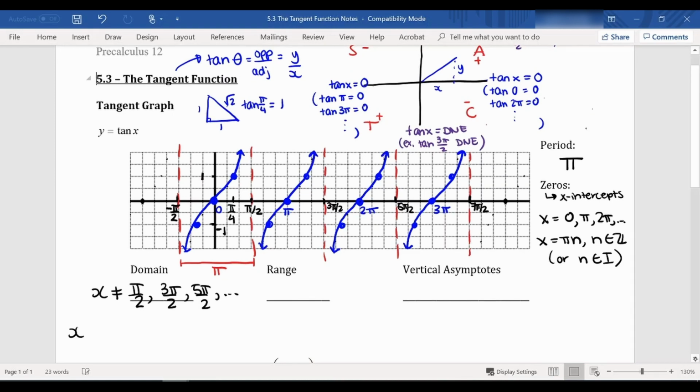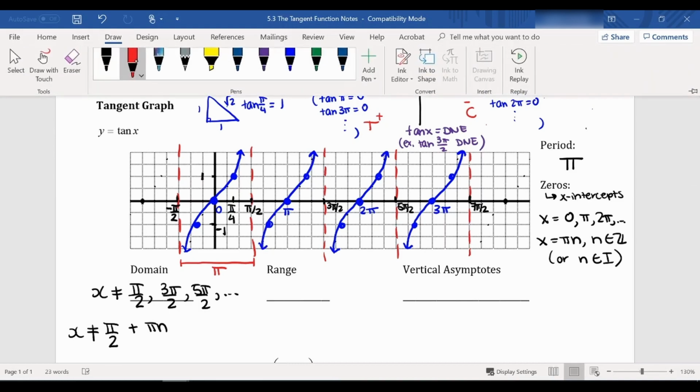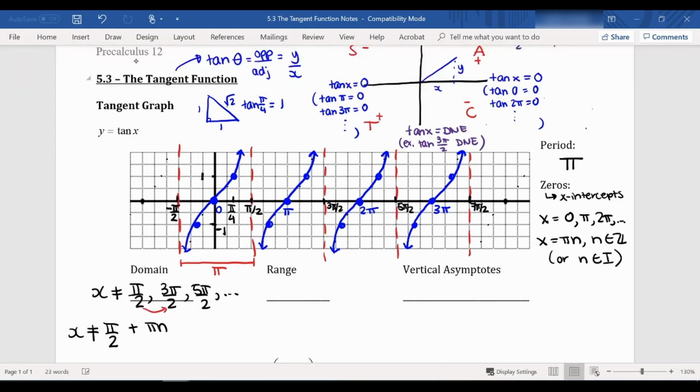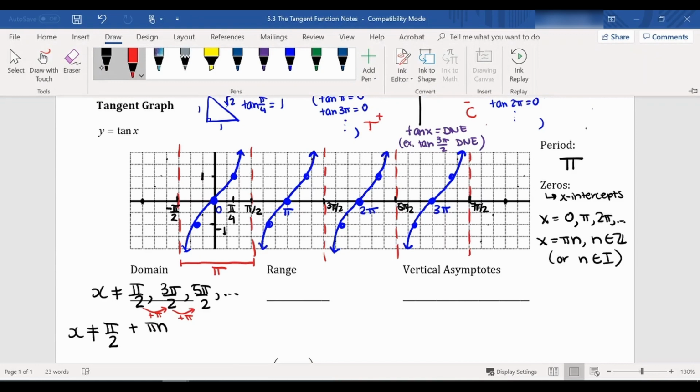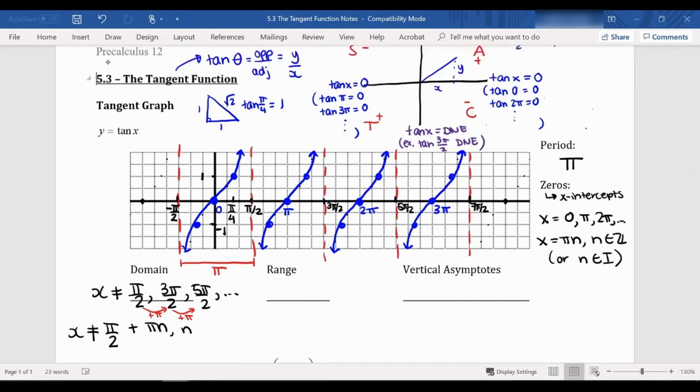And this is saying that x can't equal pi over 2 plus pi n. And we can see that because to go from the first asymptote to the next one, we had to add pi. And then we had to add pi again. So we're adding half circles each time from the first one, and again, n is an integer.